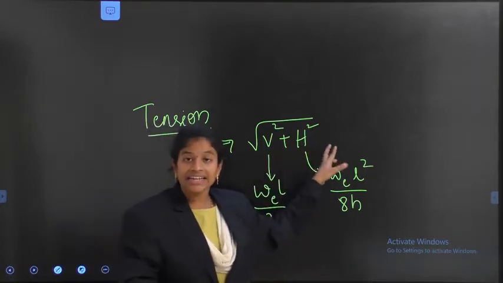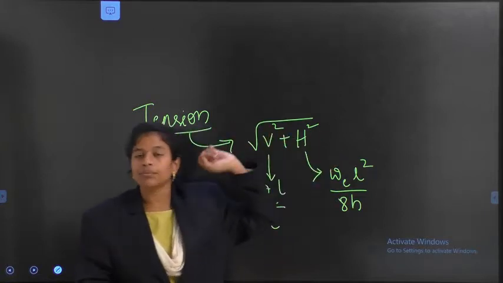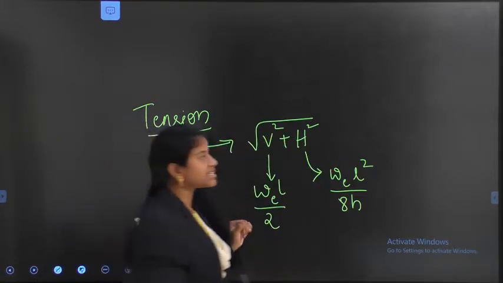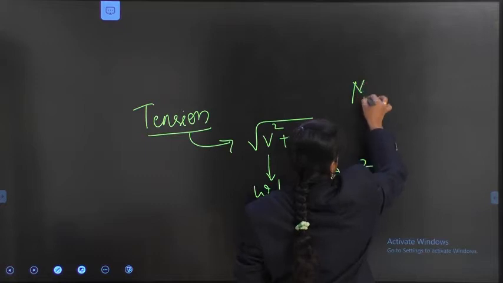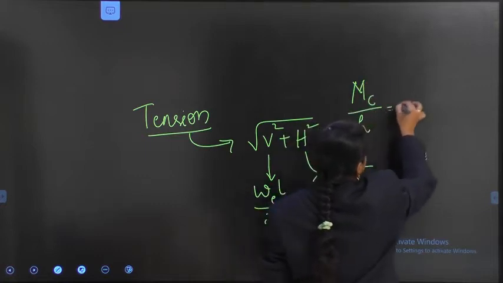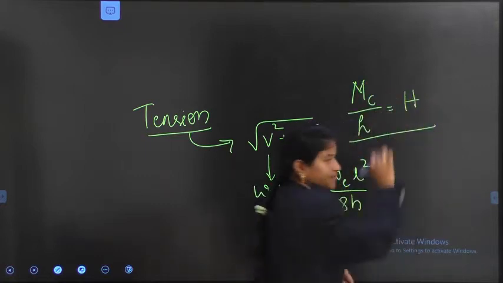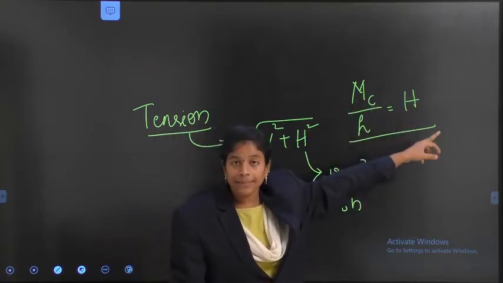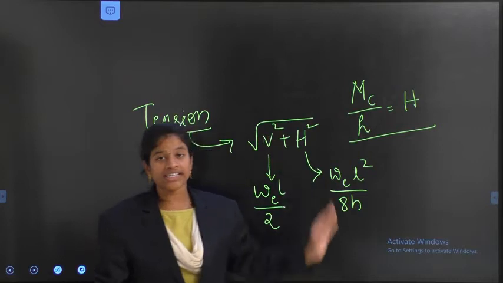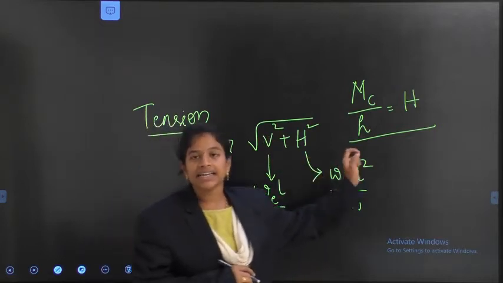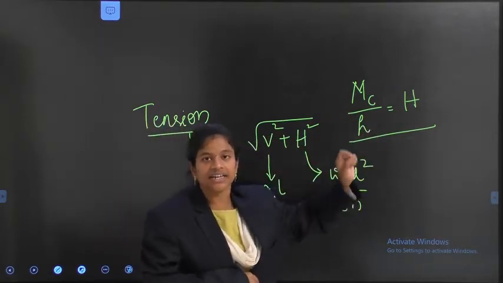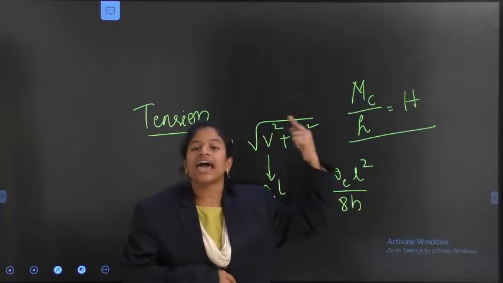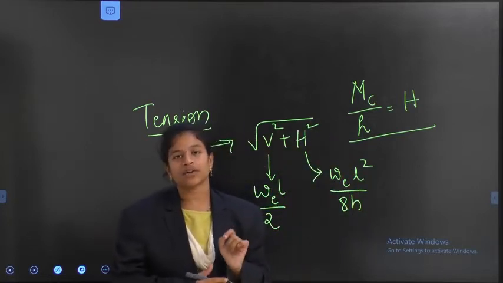And for calculating this capital H, I have one more condition. What is that condition? Mc divided by small h is equal to capital H. This is the condition we have already generated. At the third hinge of the 3-hinge stiffening girder, the bending moment is equal to 0.